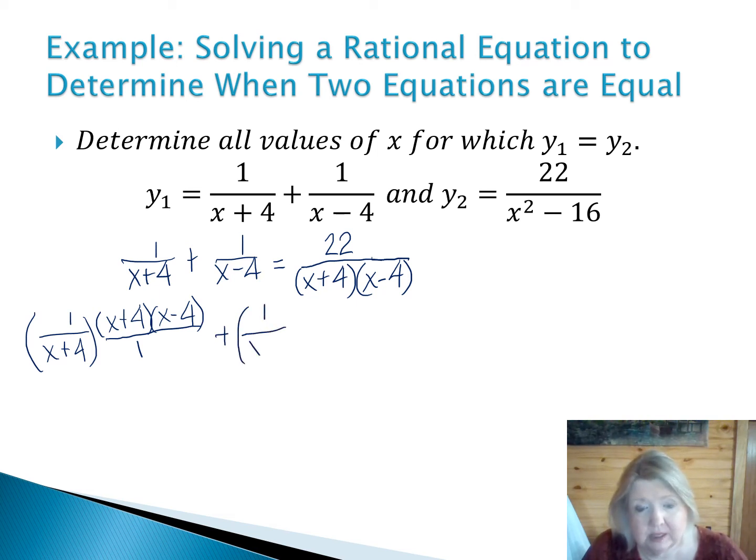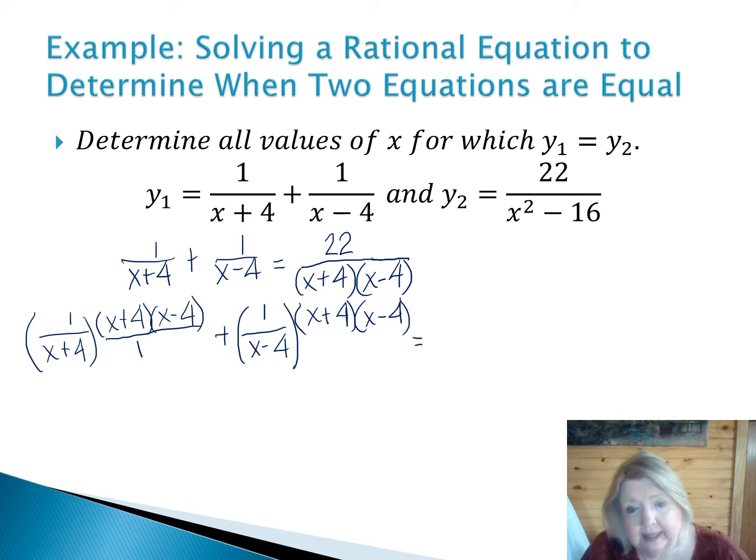And 1 over x minus 4 times x plus 4, x minus 4. That's my left-hand side, equals 22 over x plus 4, x minus 4. Times, that's that whole thing, times x plus 4, x minus 4.